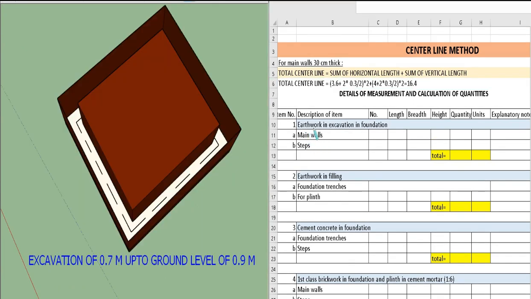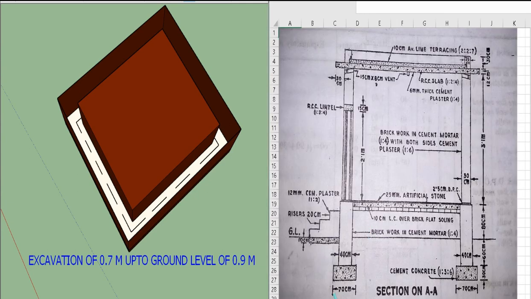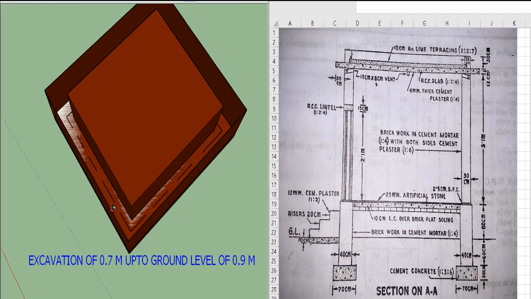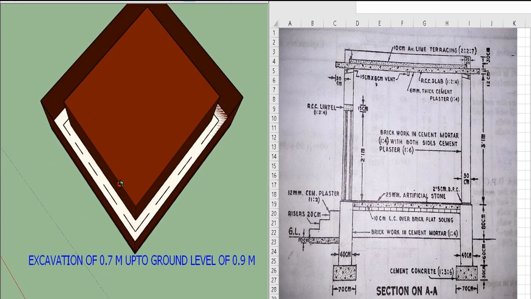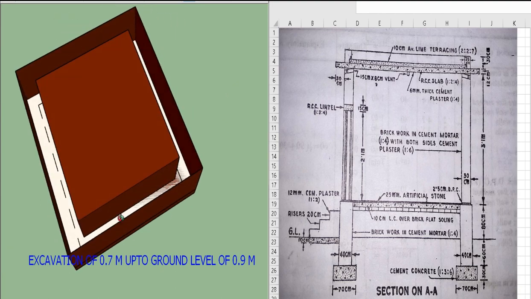Now our first step is to calculate the earthwork in excavation in foundation. For this we need to see our section. We can see that we have to do the excavation of a wall of 0.7 meter width. So we have to excavate this 0.7 meter wall up to the ground level. That means we have to excavate the trench of 0.7 meter width up to a depth of 0.9 meter, like this.